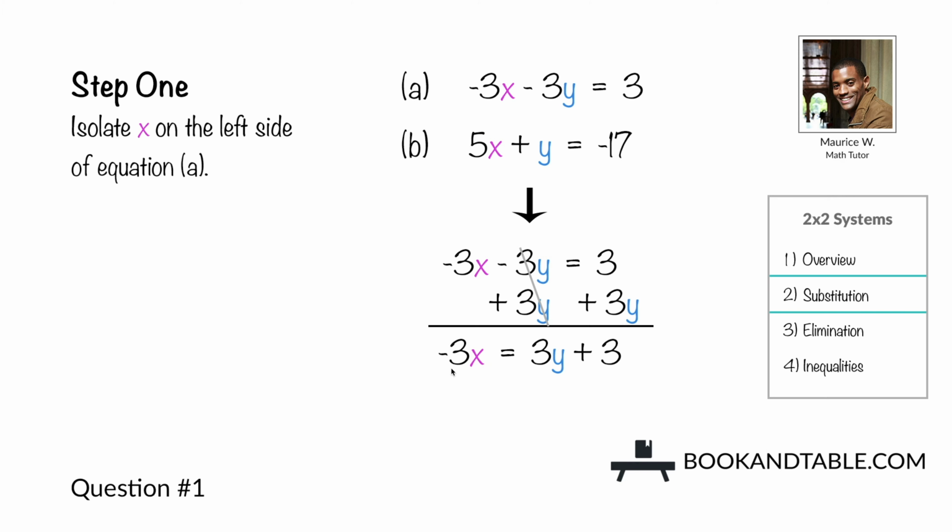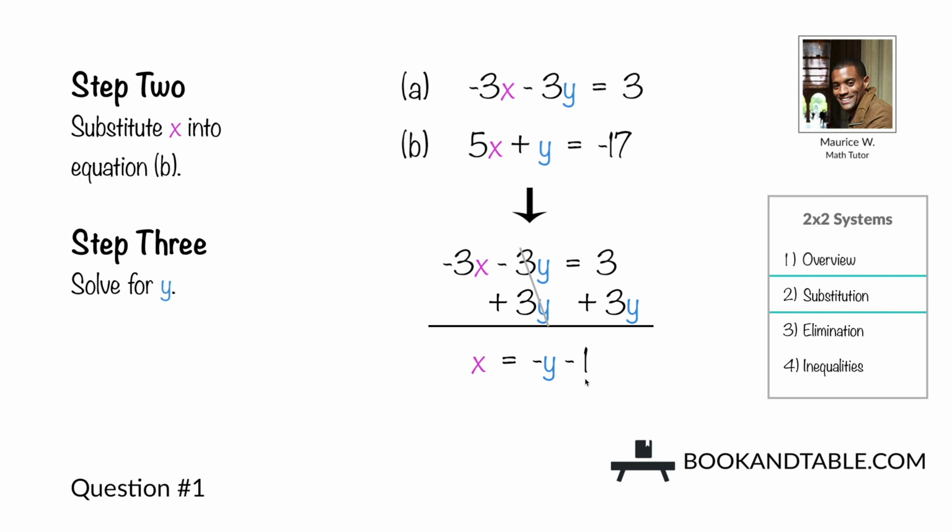And now to get rid of this coefficient of negative 3, we'll divide both sides by negative 3, giving us x is equal to 3y divided by negative 3, which would give us negative y, since the 3's would cancel out. Positive 3 divided by negative 3 is negative 1. So we get x is equal to negative y minus 1.